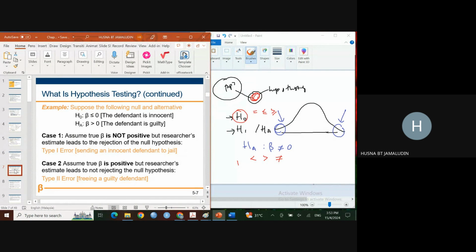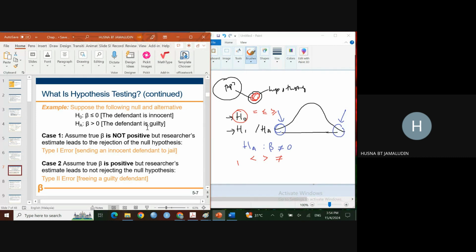Okay. So let's look at the example. Suppose the following null and alternative hypothesis. You have H null, HA. What is your HA? Normally, I will look at HA first, even though H null is on top, because HA is our own claim. HA, your beta should be bigger than 0, which means that your beta is positive. H null should be the opposite with an equal sign. Now what is your HA? The defendant is guilty.